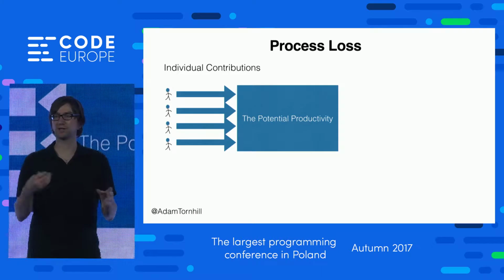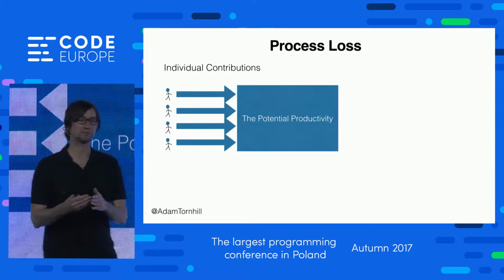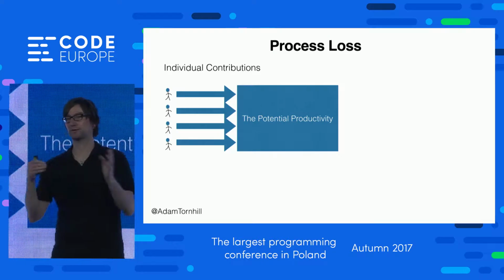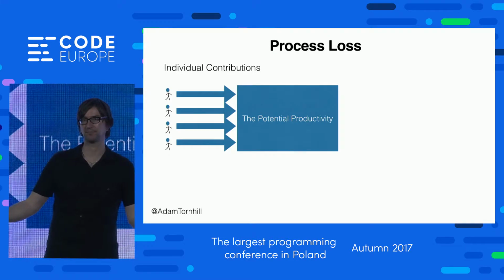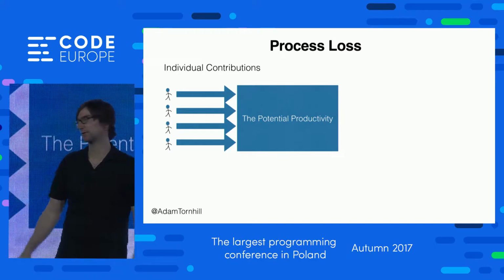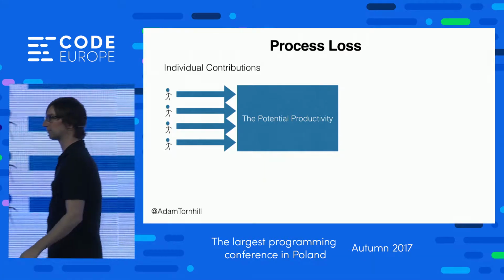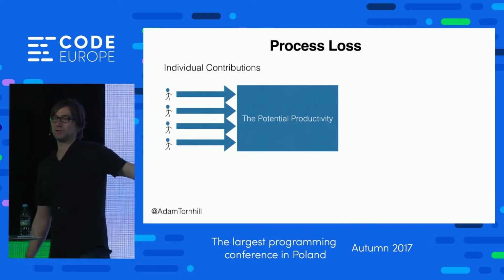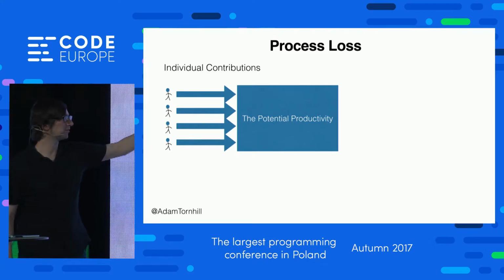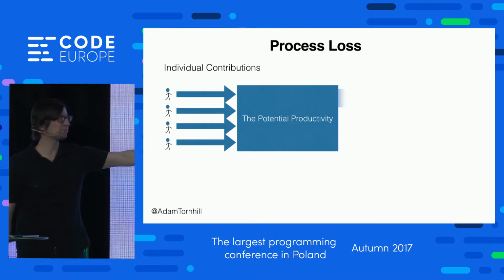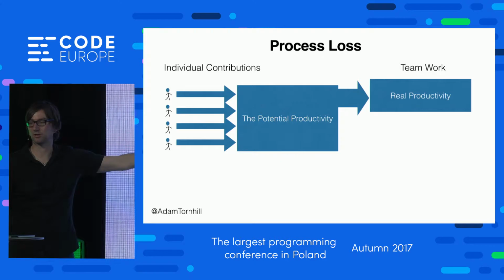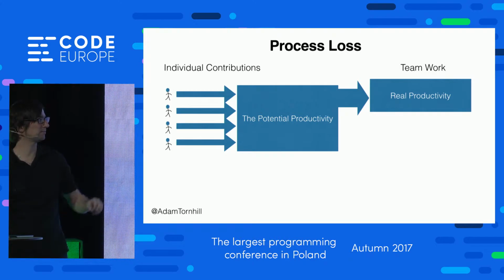And the idea is that just like a machine cannot operate at 100% efficiency all the time due to things like friction and heat loss, neither can a team. There's always a price for teamwork. So let me show you how it works. Let's say we have a bunch of individuals here. Together, they have a potential productivity. However, that's never what you get out of a team. The real productivity is always a bit smaller, and part of the potential is simply lost.